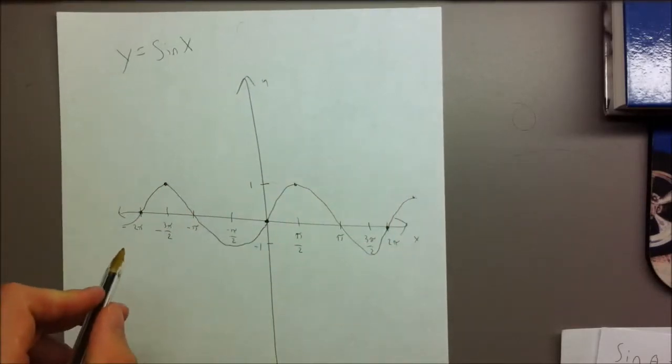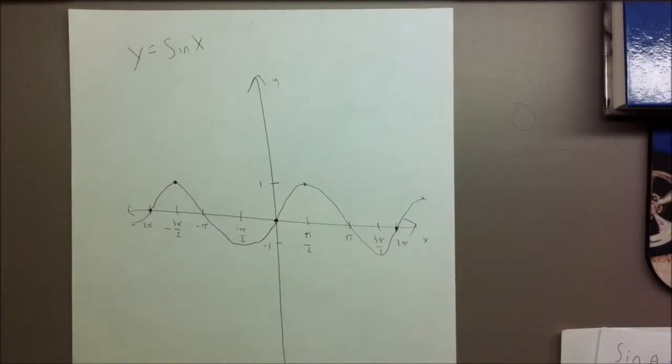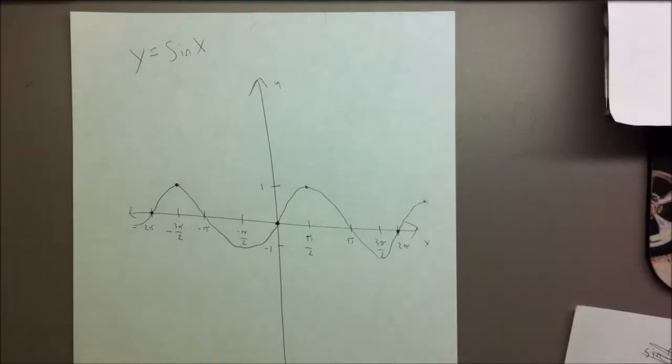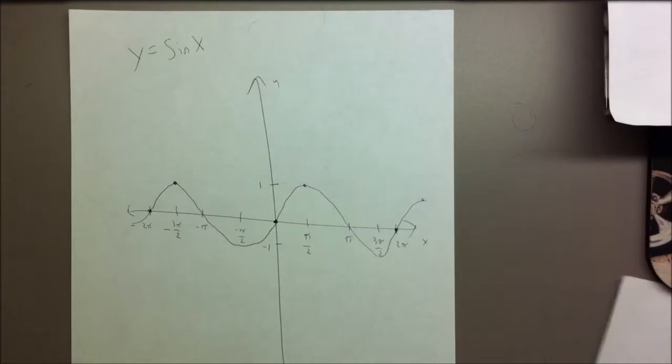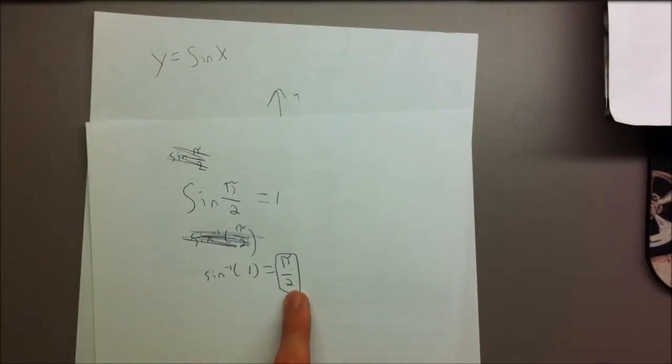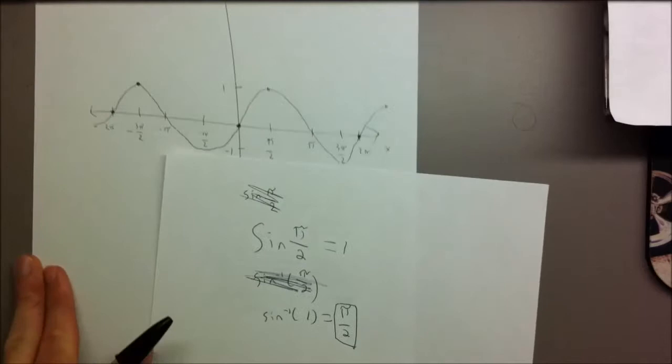But like I said, this graph goes infinitely many times to the left and to the right. So there's infinitely many places where sine is equal to 1, because it's not a one-to-one function. There's infinitely many x values for each y value. So this answer is not quite correct. At pi over 2, sine is equal to 1, but there's infinitely many places where sine is 1.